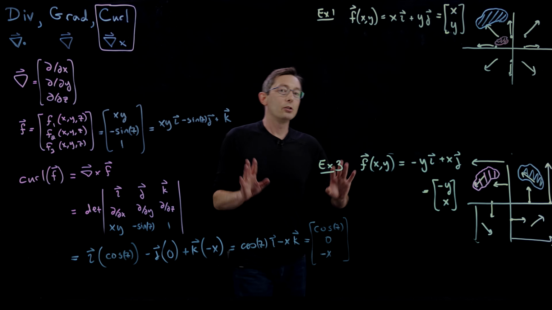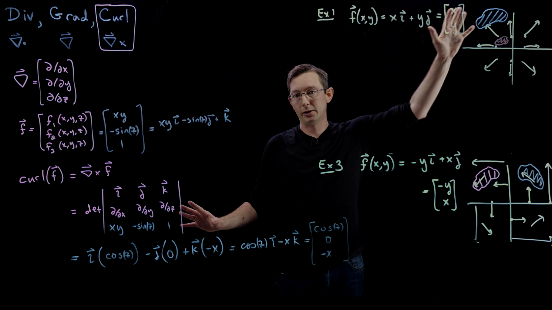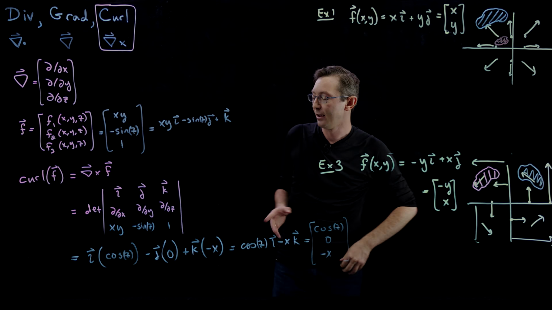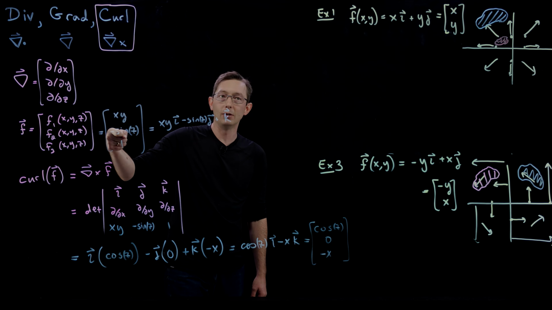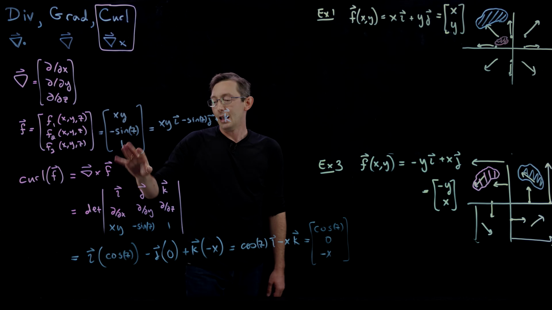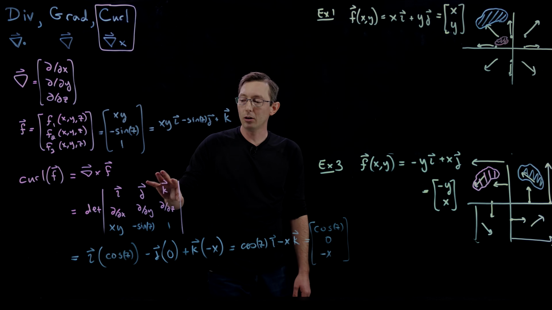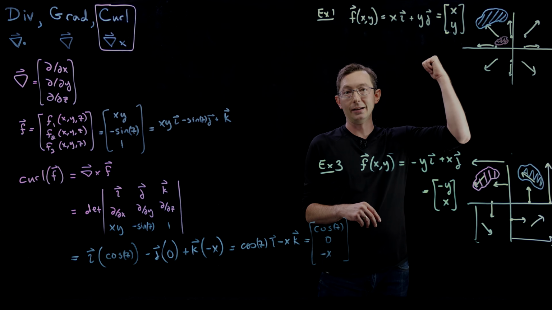Okay, so let's now compute the curl on these simpler 2D vector fields. The way we're going to think about these 2D vector fields is essentially we have f1, f2, and 0. And so if you have f1, f2, and 0, then all of our curl is going to be in the k direction.